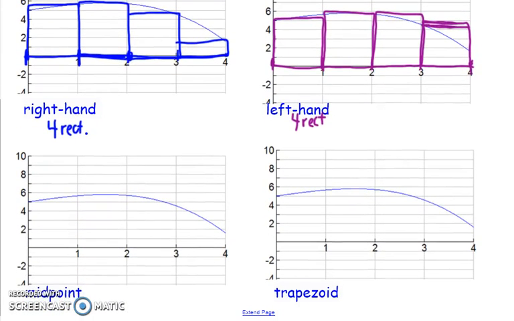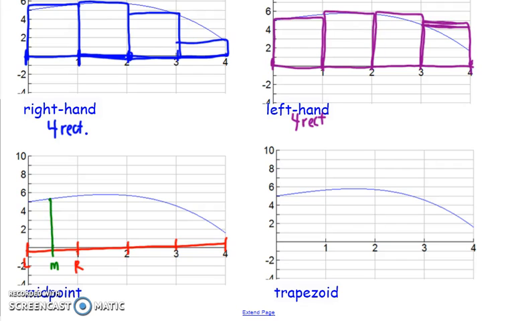So right hand and left hand rules are all well and good, but a midpoint estimation is going to give us just a little bit better approximation for that integral we're looking for. So I'm still going to take my bounds, 4 minus 0, and divide them into equal partitions of 1. But instead of choosing the left or the right of the partition, I'm instead going to choose the midpoint.